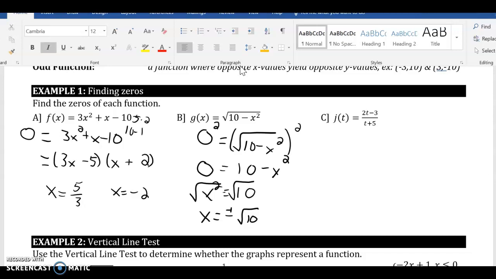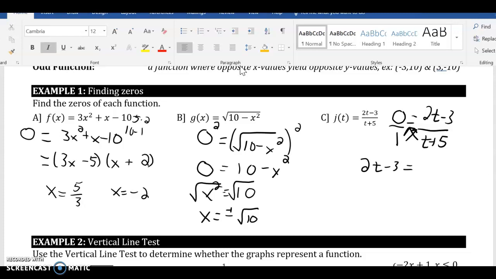Okay. Again, I'm finding zeros, so let's set it equal to 0. If you want to think of this as a proportion, you can cross multiply. So what happens when you multiply 1 times 2t minus 3?